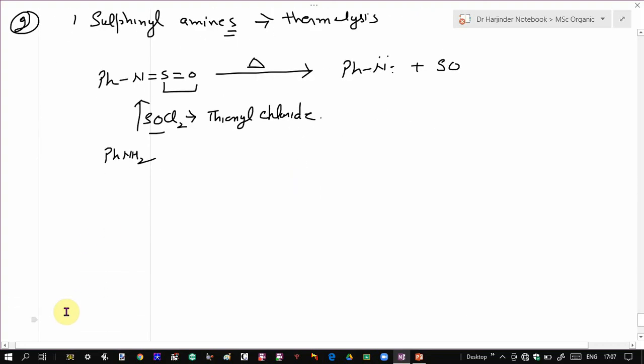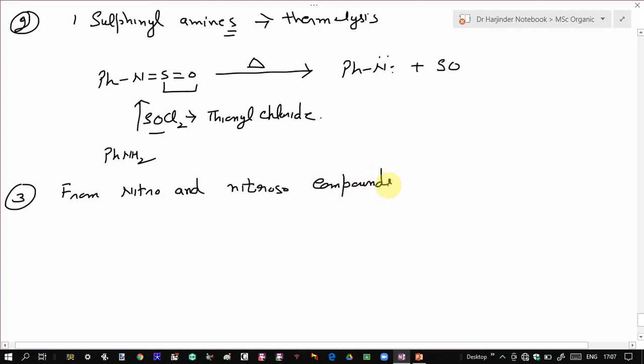Now the next method of their preparation is from nitro and nitroso compounds. We can prepare them by deoxygenation of these nitro and nitroso compounds, and this deoxygenation is usually carried out in presence of triphenyl phosphine.